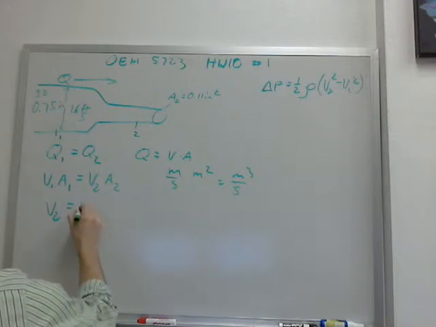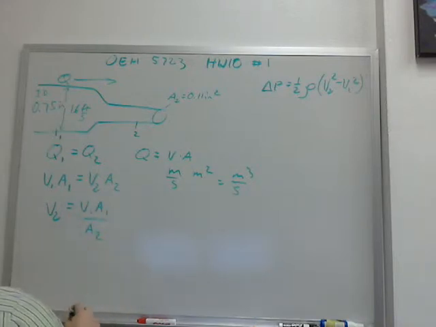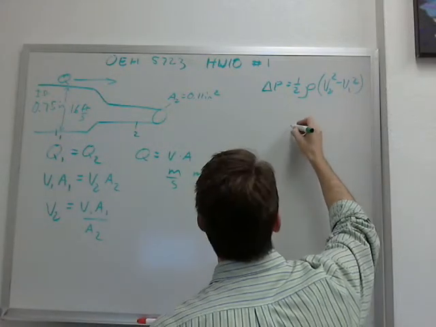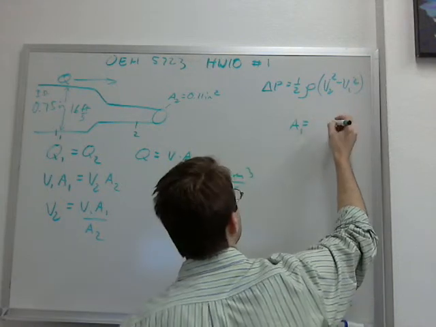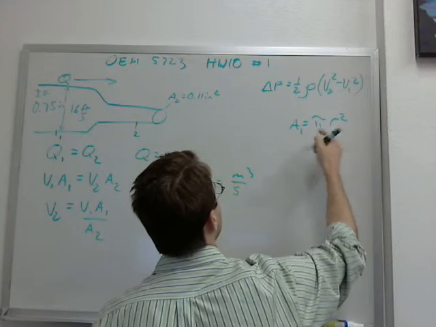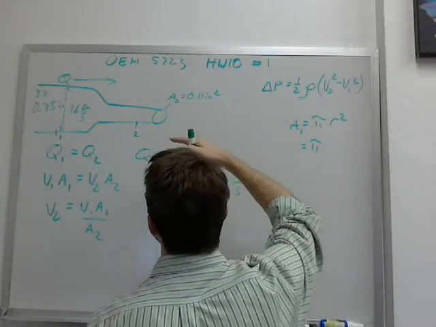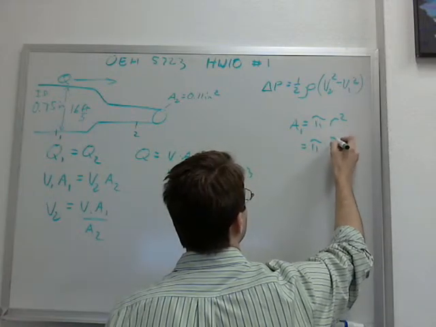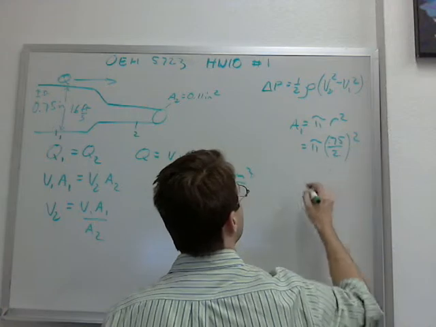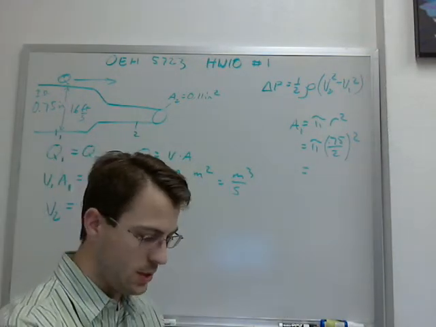So V2 is equal to V1 A1 over A2, and now we need to calculate A1. So A1 is equal to pi r squared, and r is half of 0.75. 0.75 divided by 2. Okay. So A1 is equal to, did I calculate that?